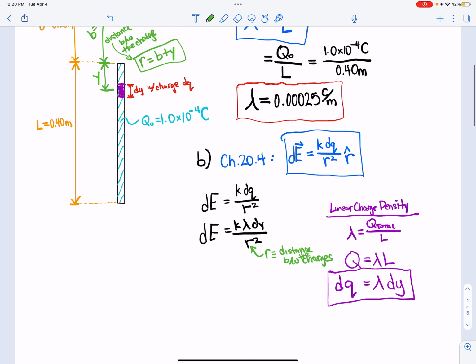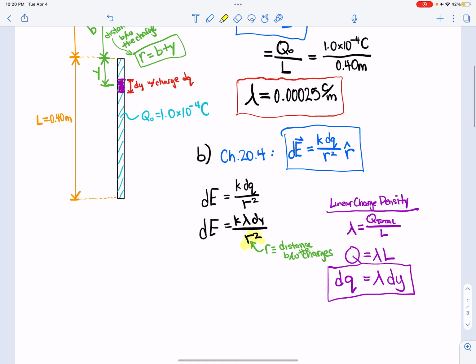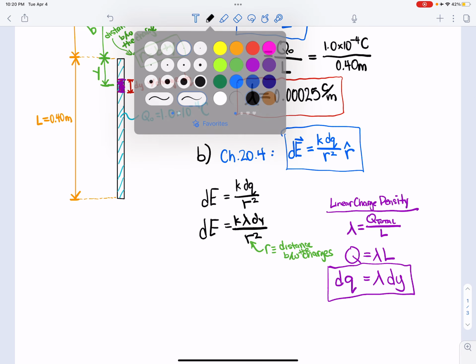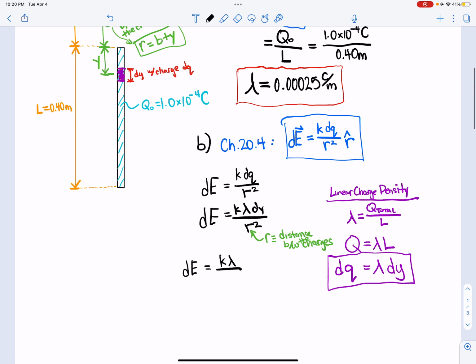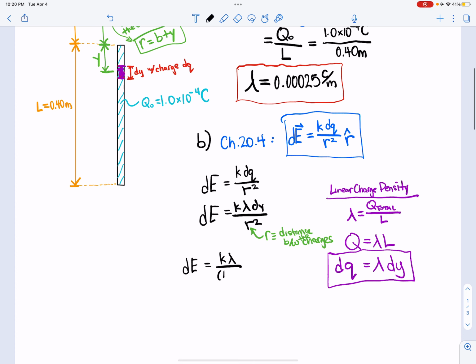So I'm going to plug that here for r. So dE is equal to k lambda over r squared, and r is b plus y, so b plus y squared, and then dy.